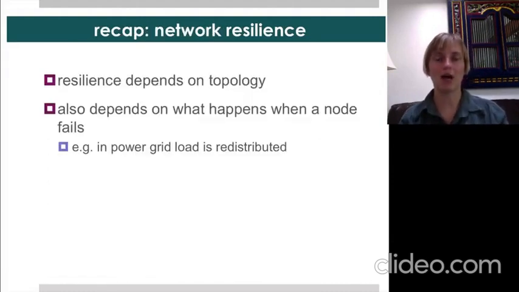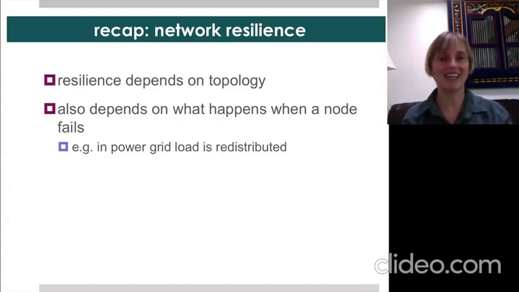Now, to recap, we saw that resilience really depends on topology, and this was not just the degree distribution, which rendered the network more resilient to random attack if the degree distribution was skewed, but less resilient to targeted attack in that case. But it also depends on what happens when a node fails.